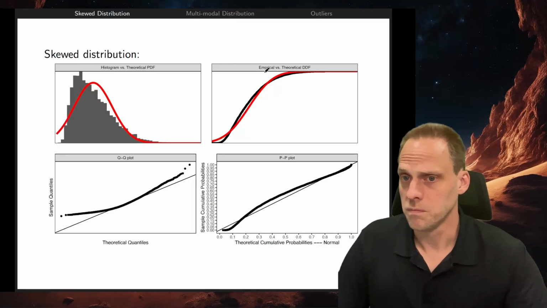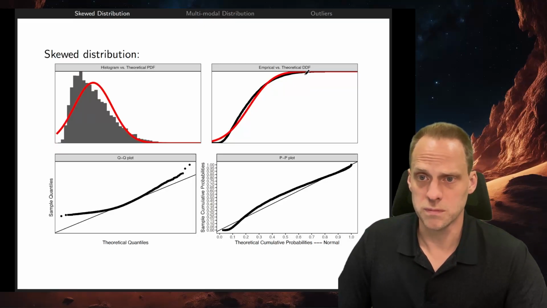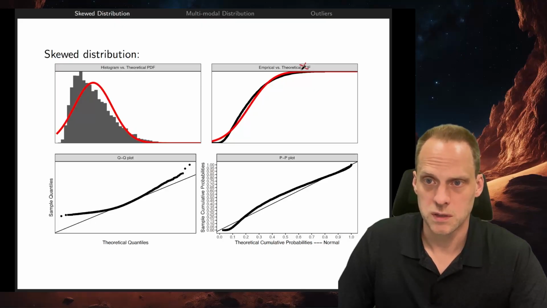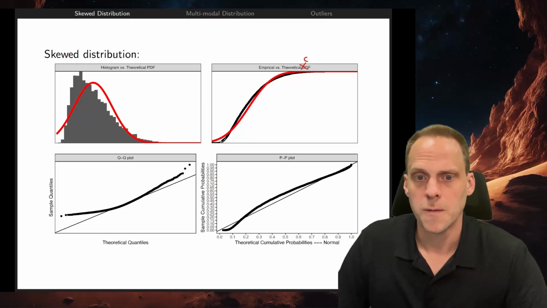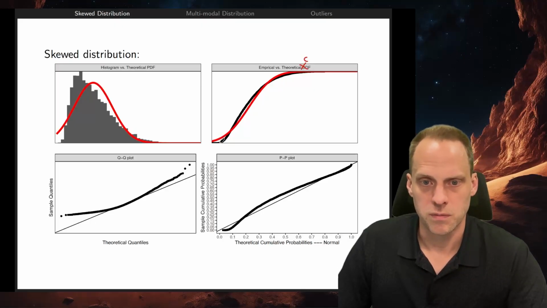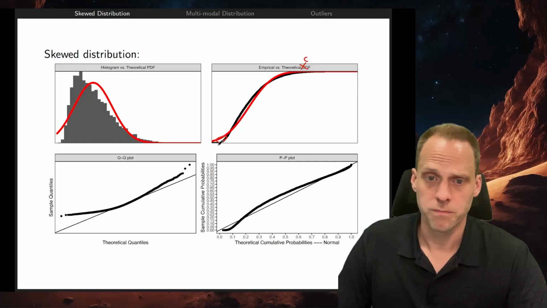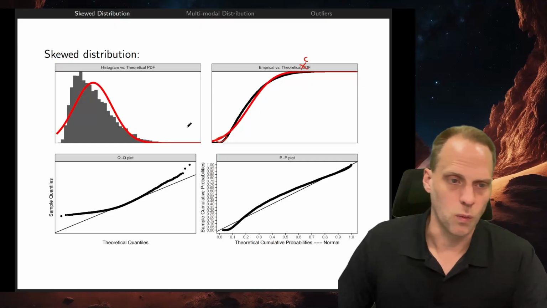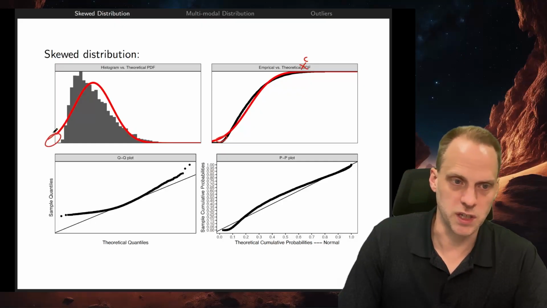We can look at the cumulative distribution. And we see here as well that there's a misfit. The theoretical distribution assumes the probability is higher than the empirical distribution does. Why is that the case? Well, that's because of this reason here.